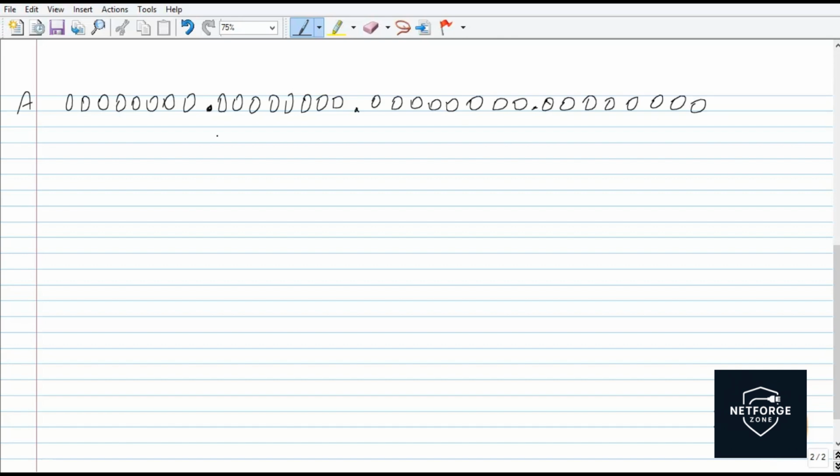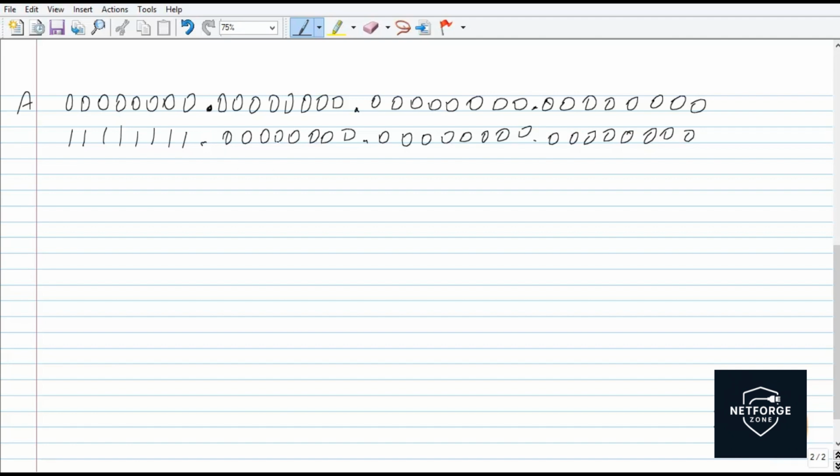Now I have 32 bits for class A, and for class A in the subnet mask, I put 1s in the first 8 bits and 0s in the rest.